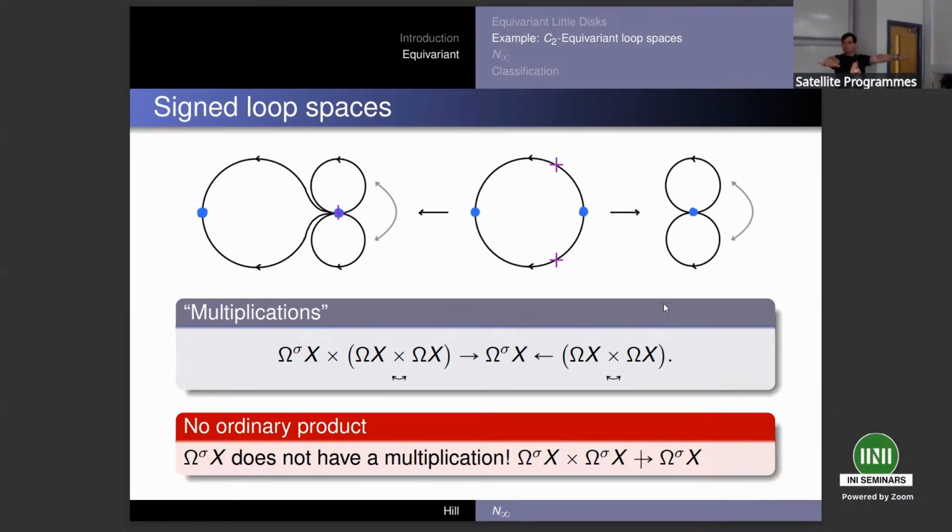So this was a disjoint union of C2 with 1 point mapping into the signed interval. And that gave me this kind of weird thing where here I had C2 plus smash S1 wedged with a copy of the signed loops.